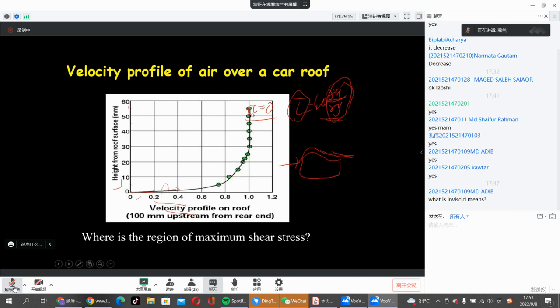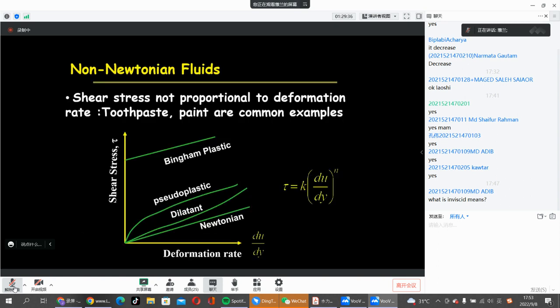Here, the velocity spatial gradient is actually the slope of the curve. So here, tau is actually equal to 0. That means the friction force is almost equal to 0. There is almost no friction force. But near the roof, the shear force is large, or the friction force is large.